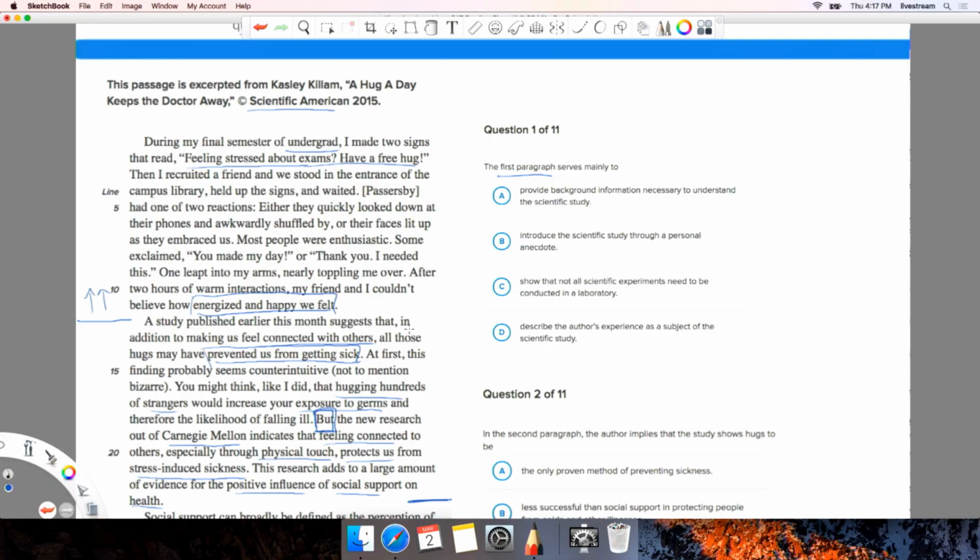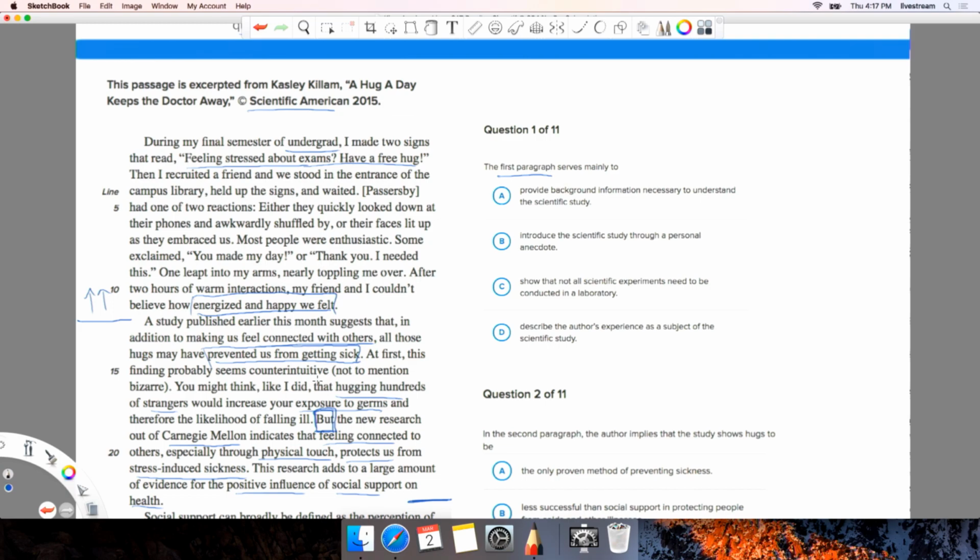So when I was reading this passage earlier, this seemed like the author's story about something he did in undergrad, about making signs, and mentioned how positive this hugging experience was. And then in the next paragraph, we've got the study and the impact of hugs, and we get a little more scientific here.